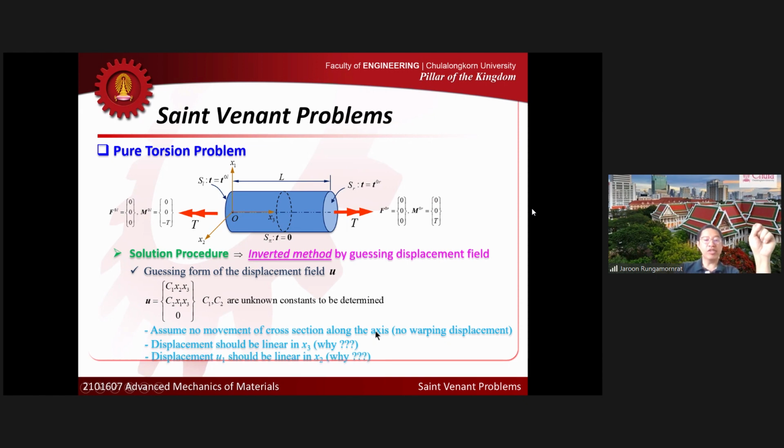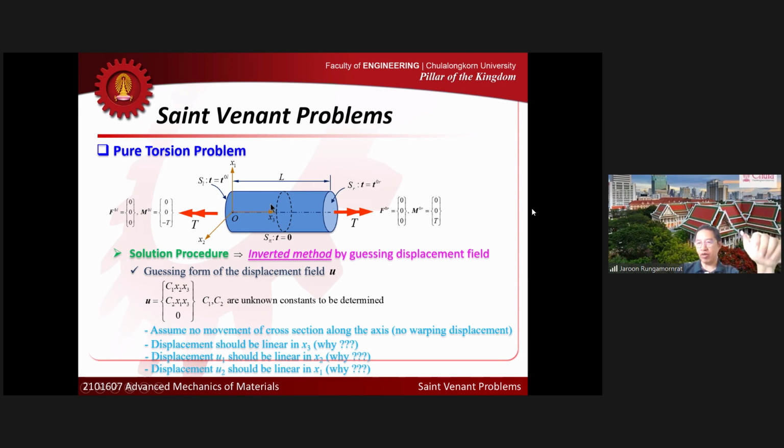Okay, and also I assume that U1 should be linear in X2 as well, and U2 should be linear in X1. How can I come up with this idea? If you think about the rotation of the cross section at any coordinate X3, let's say that you fix the coordinate X3, the cross section just rotates, right?